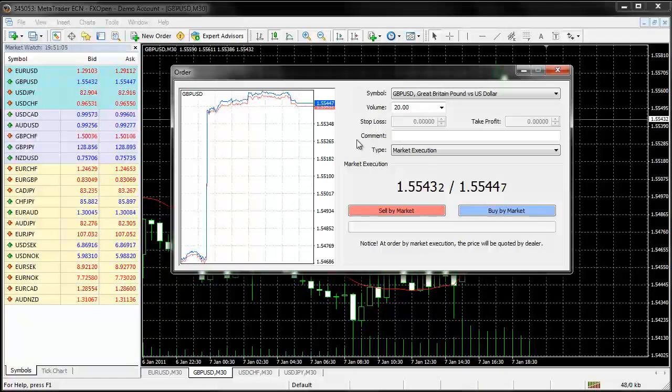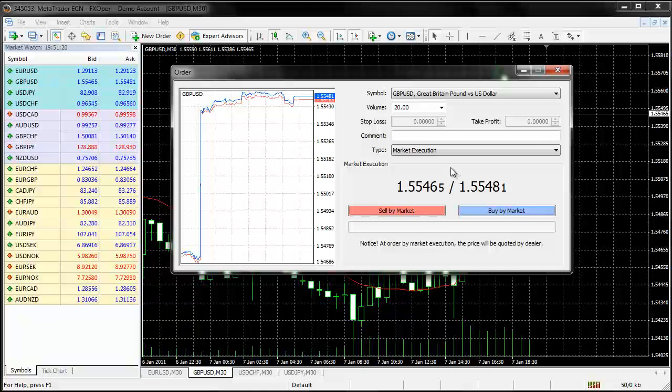Okay, now in the order box you have a buy and a sell button. The sell button's on the left and it's marked as red, and the buy button on the right is marked as blue. Now if you're colorblind, I do apologize, I know this is going to be a little bit difficult, but I understand that there is one form of colorblindness where blue does come out as blue, but it's a bit of a dull blue, and the color does enhance in depth as it gets darker.